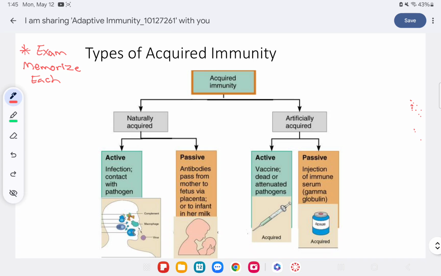Okay, it has all those functions: neutralizes, opsonization, triggers complement, all that stuff. But eventually, the baby starts eating real food and stops drinking mother's milk, and what happens to those antibodies? They decay in 23 days, it's not just straight to zero, but it's on its way there.